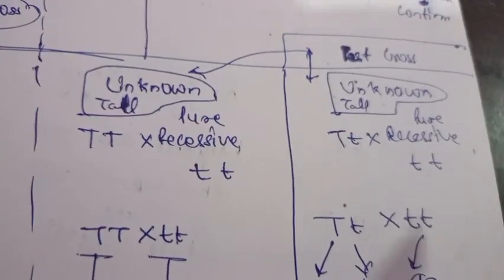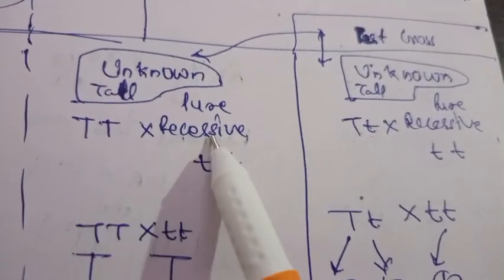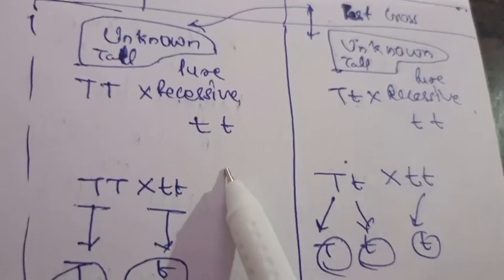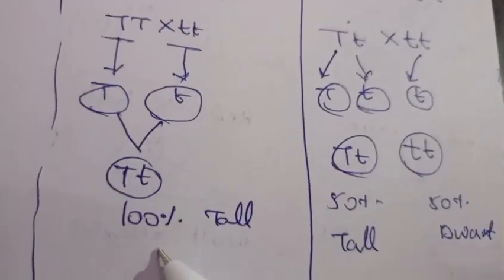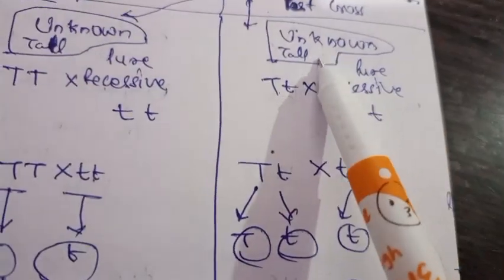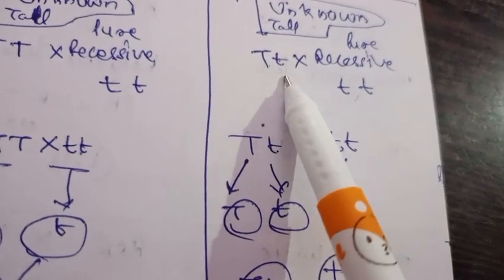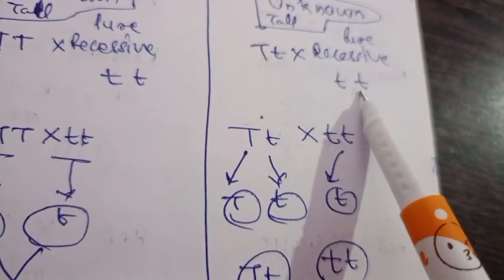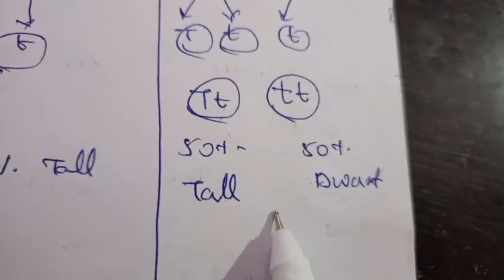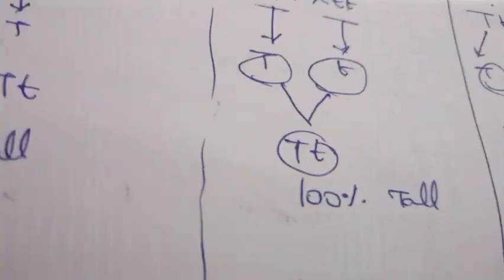In test cross, when we cross unknown tall with pure recessive dwarf, and the unknown tall is heterozygous, we get 50% tall, 50% dwarf.